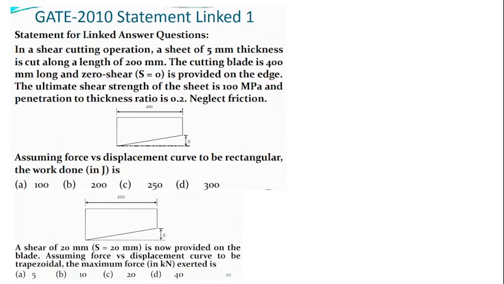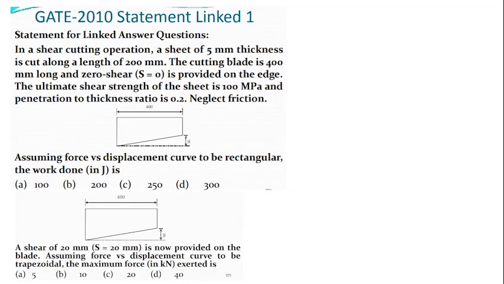Okay, let's read this question. In a shear cutting operation, a sheet of 5 thickness is cut along a length of 200. The cutting blade is 400 long and zero shear is provided on the edge. The ultimate shear strength of the sheet is 100 MPa and penetration to thickness ratio is 0.2. Neglect friction, assume the force versus displacement curve to be rectangular, the work done.